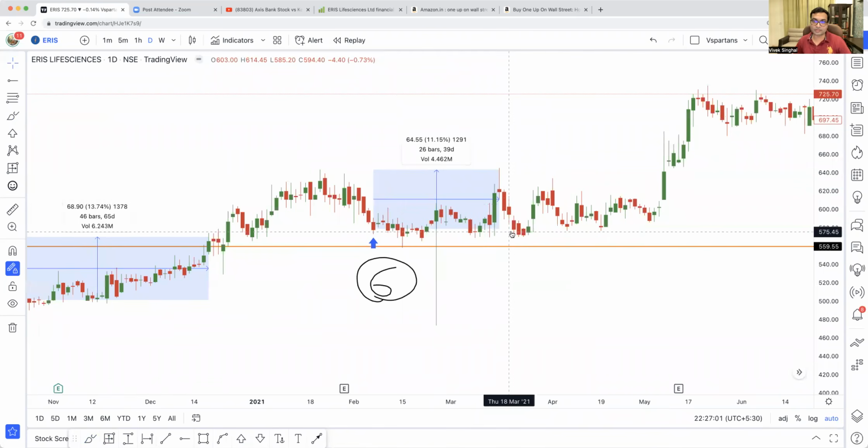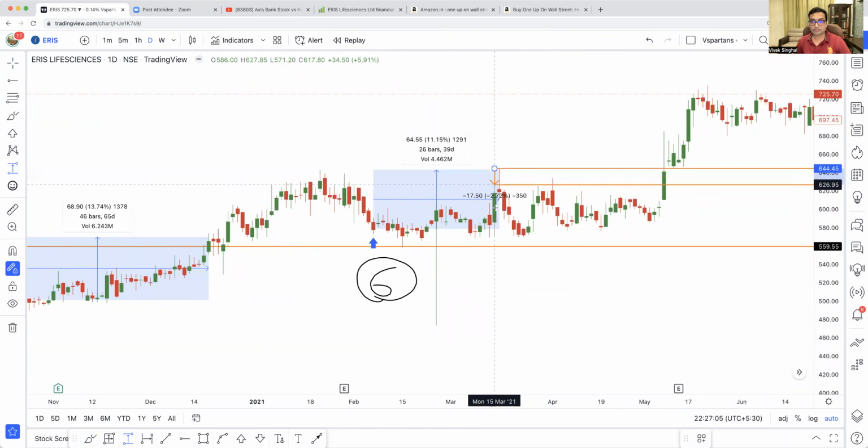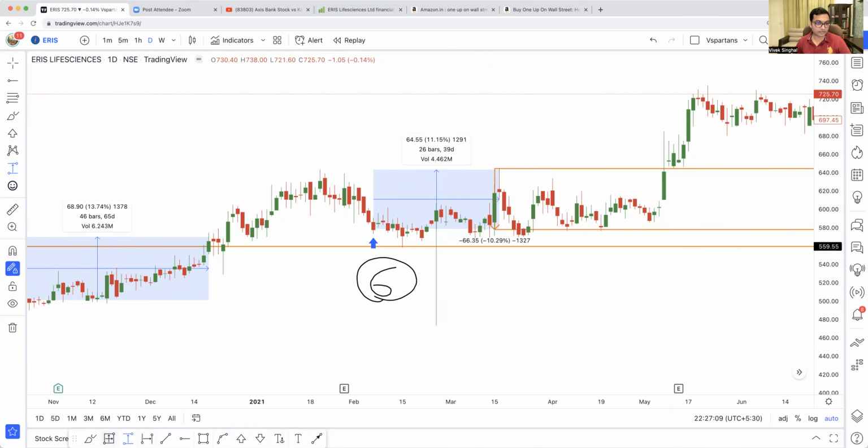Again, there is a fall of 10%. We can see. This is the 7th trade we are taking.